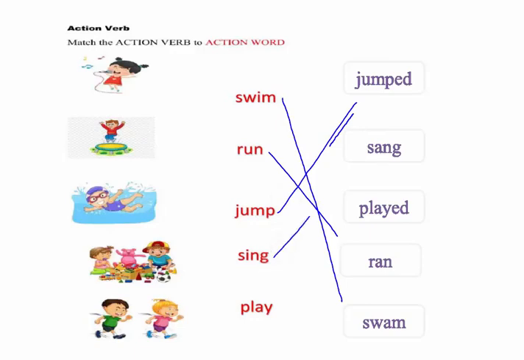Sing, sang. Play, played. So, this is a simple practice. Swim, swam, run, ran, jump, jumped, sing, sang, and play, played.